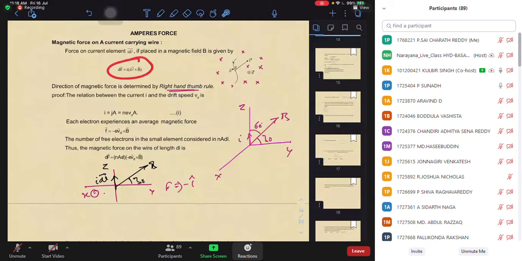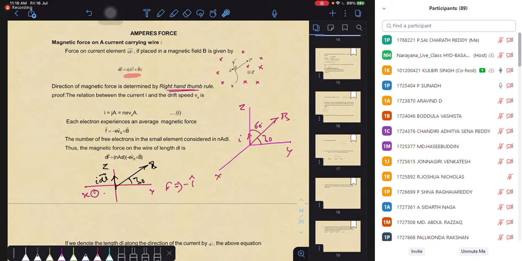And force is a cross product of your current and B, meaning it is perpendicular to this plane. And how we give the direction is the cross product, dl cross B. So you have to take the cross product of dl cross B. If you take the cross product, it is perpendicular to this YZ plane. Okay? So perpendicular to the YZ, you have the x-axis.